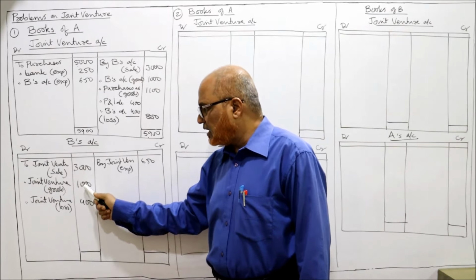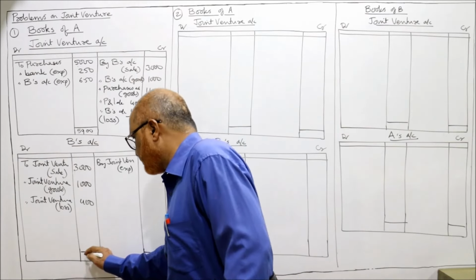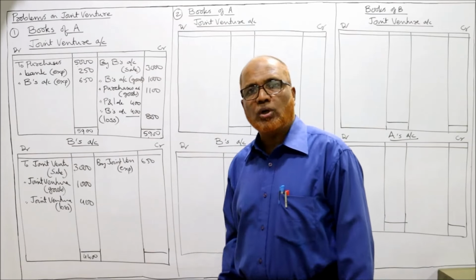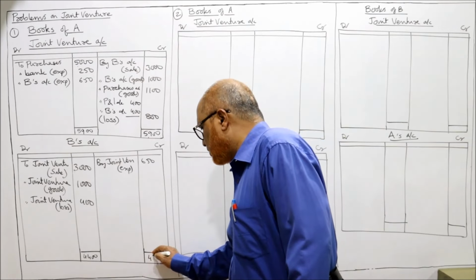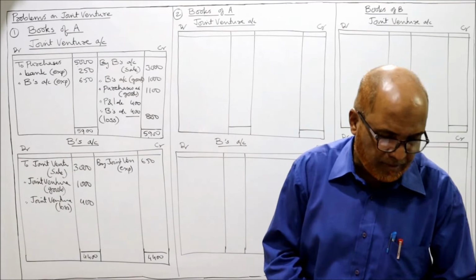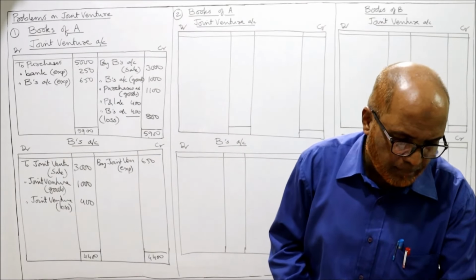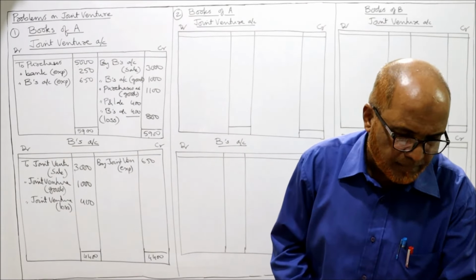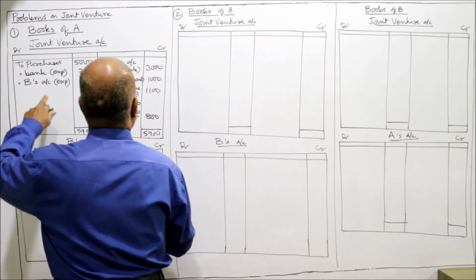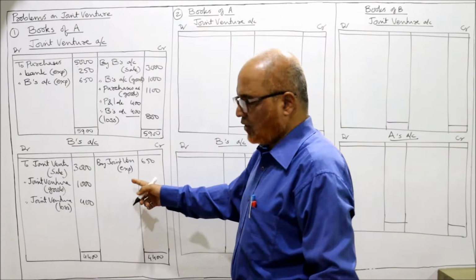So debit side 4,400. 4,400 is the debit side total. Credit side also will take 4,400. Here expenses we have not posted.